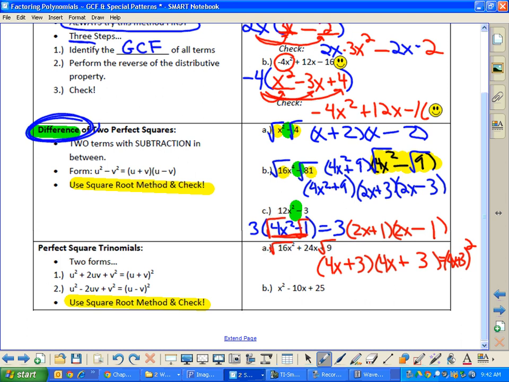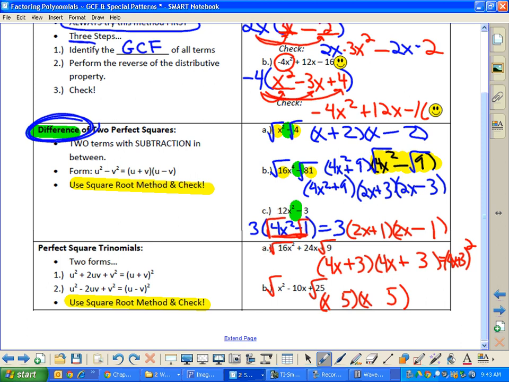Part B. Again, same thing. Do you see how this is a perfect square? This is a perfect square. I'm stuffing my sets of parentheses. The square root of x squared is x. The square root of 25 is 5. And then I just have to ask myself what signs go in between. Byron?